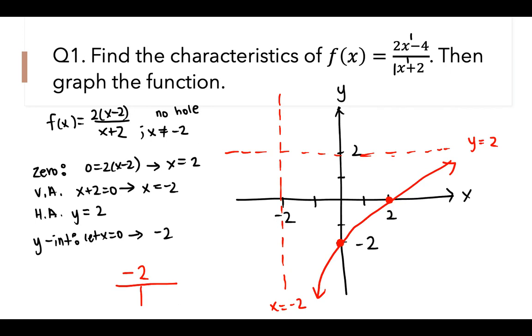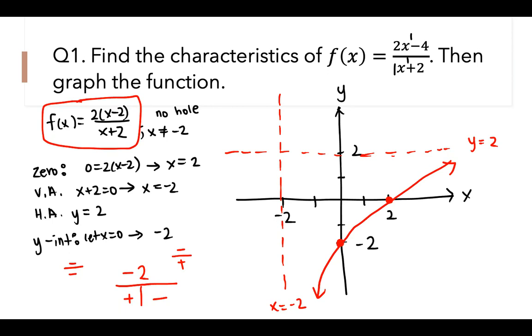I plug -3 into my equation and see what sign I get. -3 minus 2 is negative, and -3 plus 2 is negative. Negative divided by negative becomes positive. Now let's plug in a number that is greater than -2, for example 0. 0 minus 2 is negative, and 0 plus 2 is positive, so negative divided by positive gives me negative.